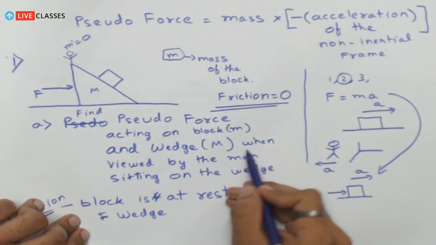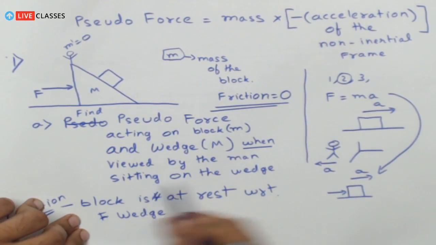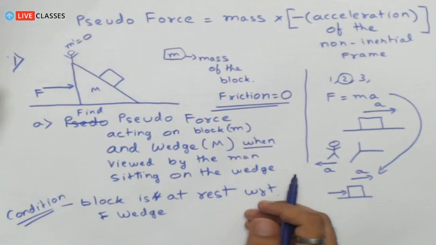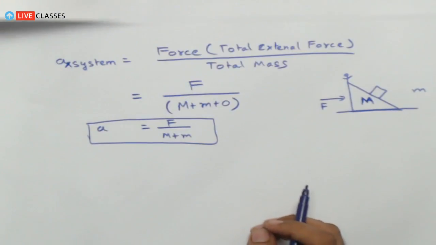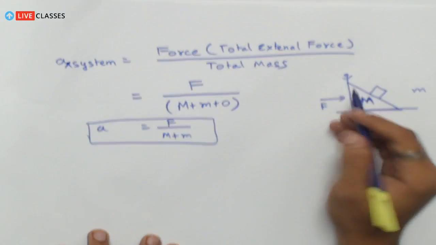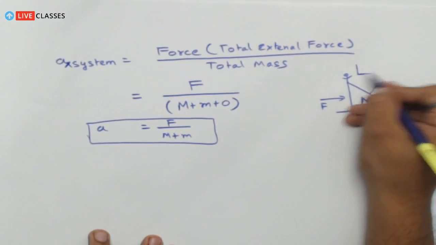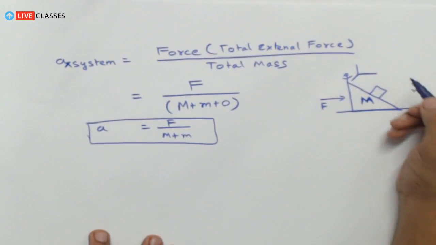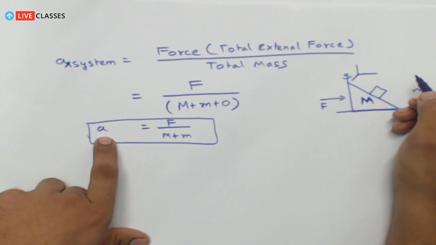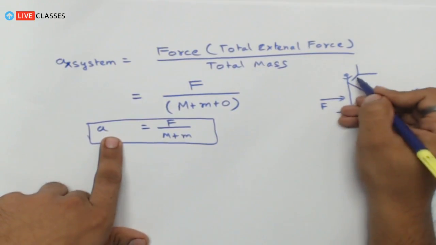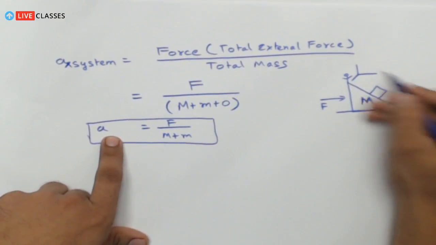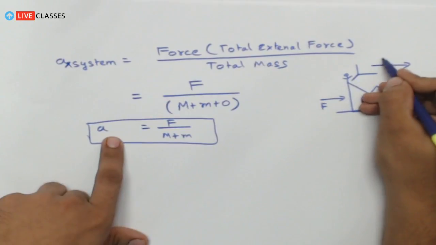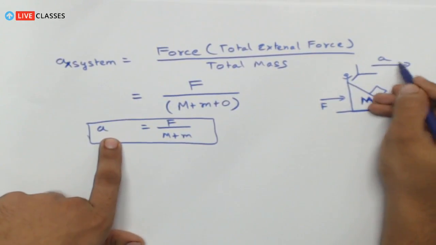As it is written here, when viewed by the man sitting on the wedge, the man is the frame of reference. So what kind of frame of reference is this? This is a non-inertial frame of reference, because this man is moving with the acceleration of the system. So it has an acceleration of A, remember, okay?